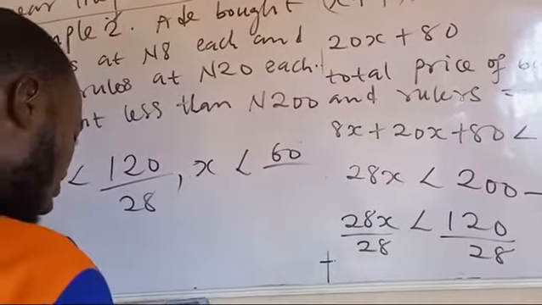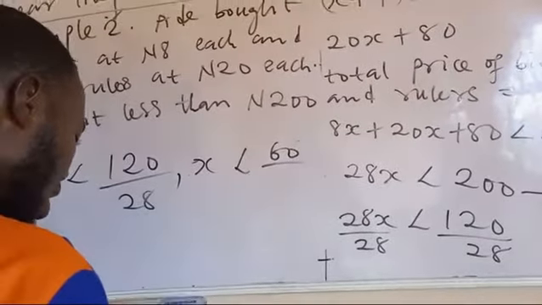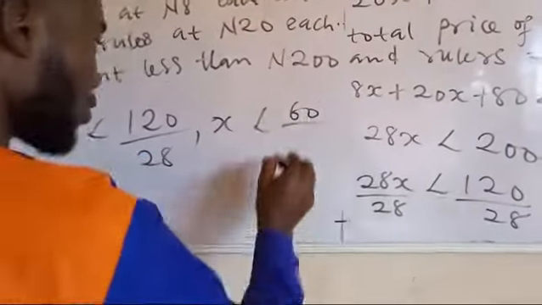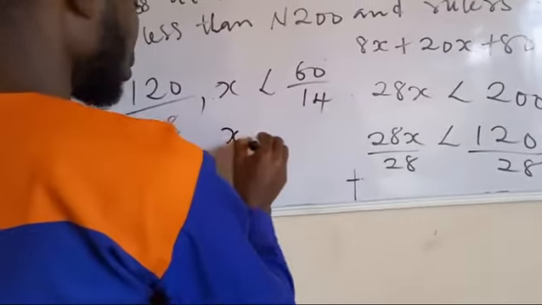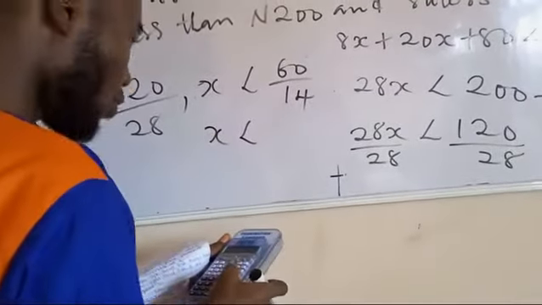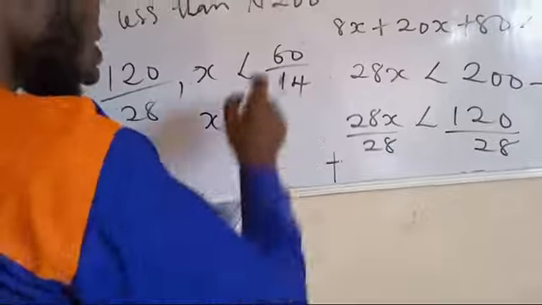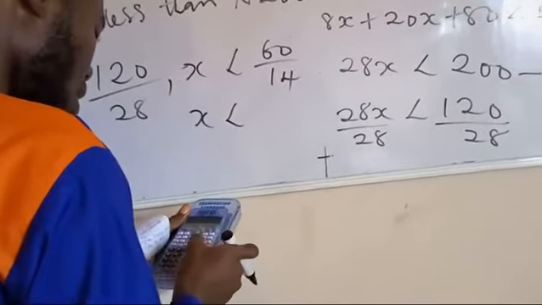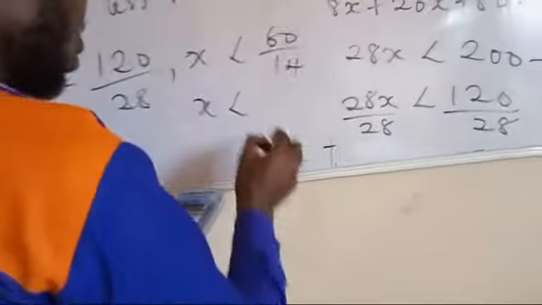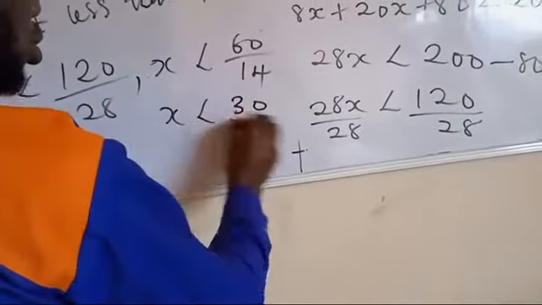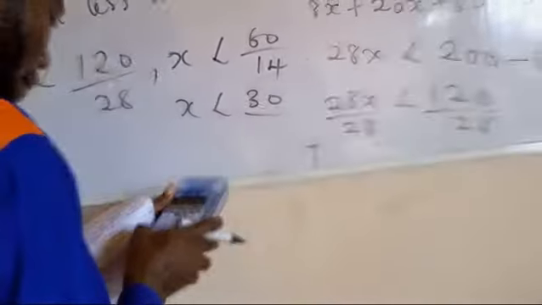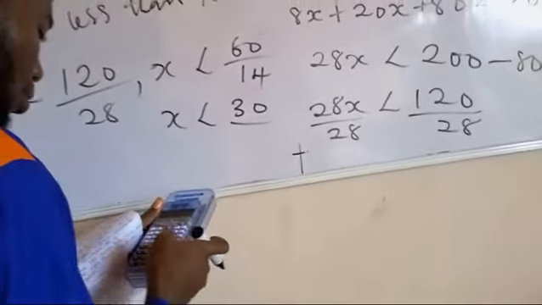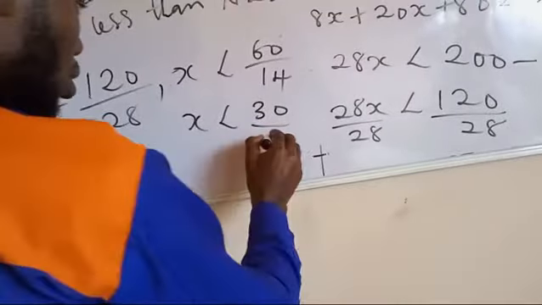So if you are breaking it down, we'll now be having that x is less than 60 divided by 14, since 28 divided by 2 will be 14. 2 can still go into 60 to give us 30, and 2 will go into 14 to give us 7.